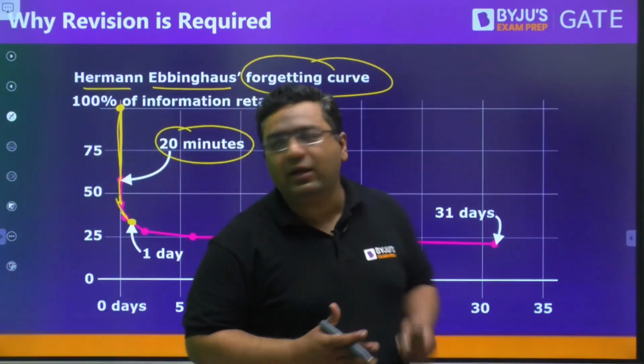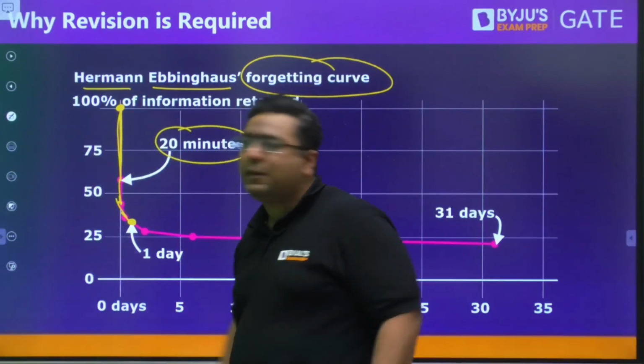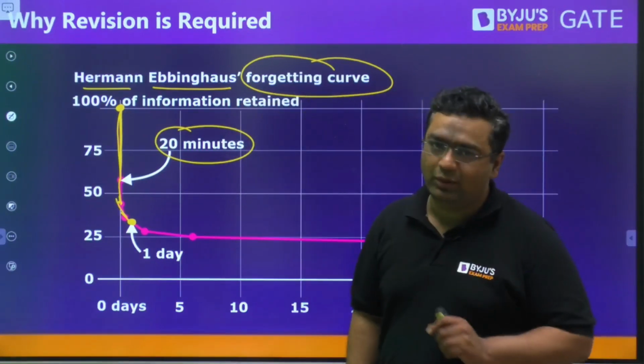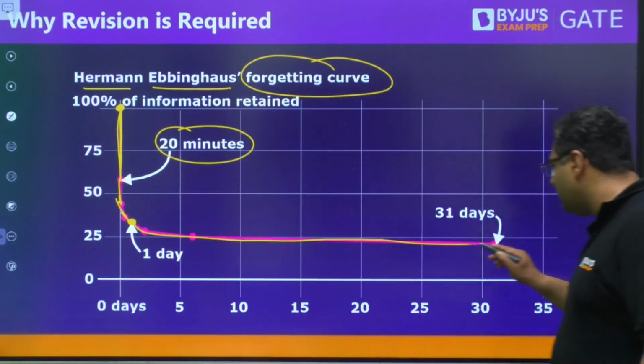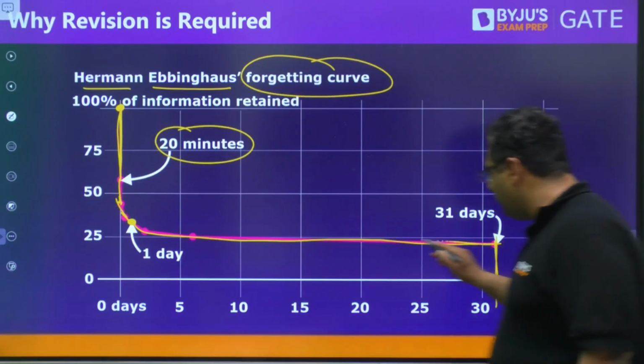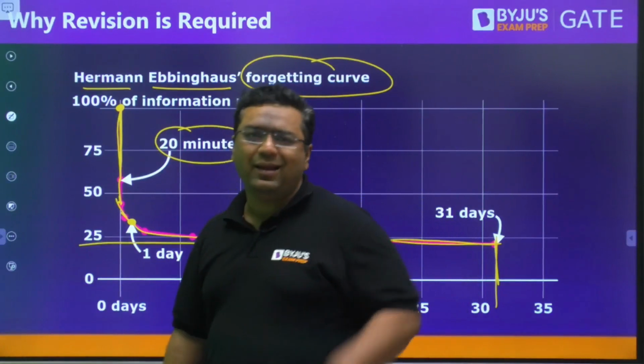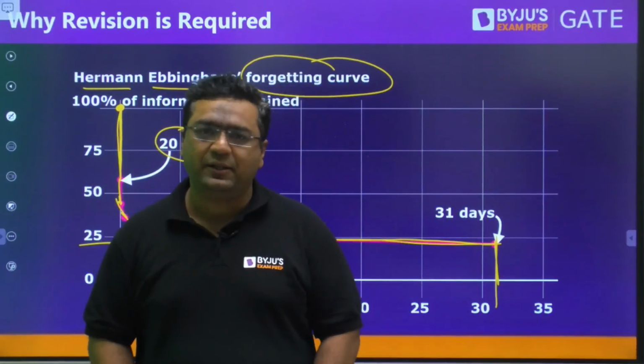So within just one day you retain only 30%, and 70% is gone. After that it reduces at a lower rate, and after the 31st day, one month, you will be retaining approximately 25% of that.